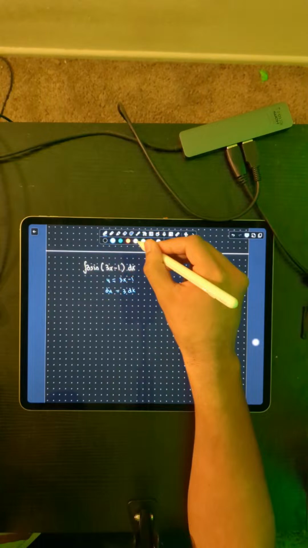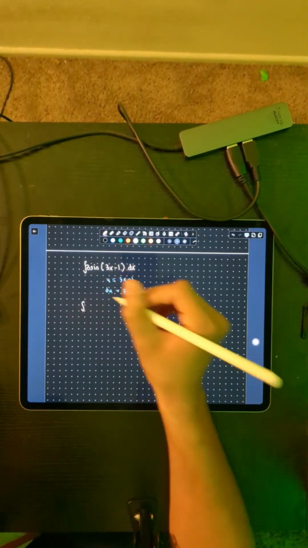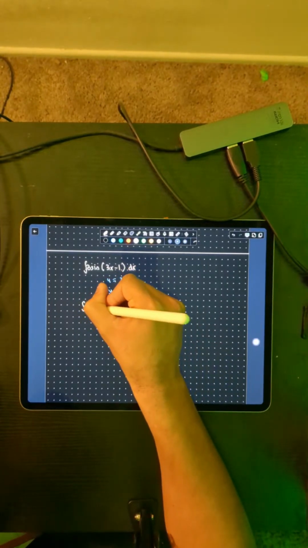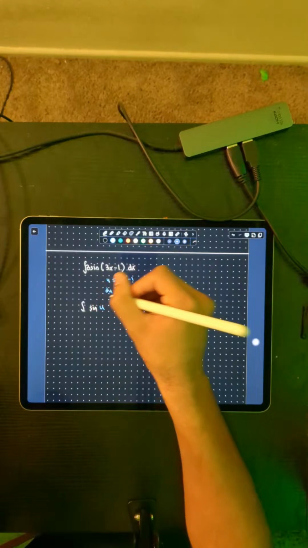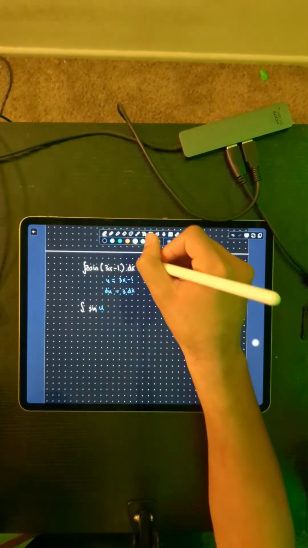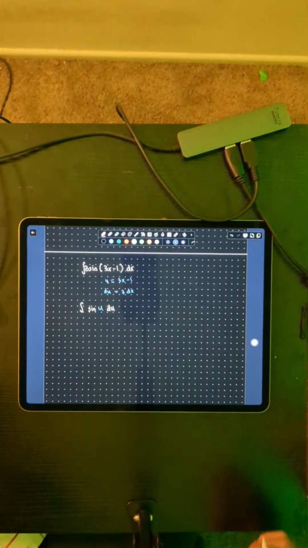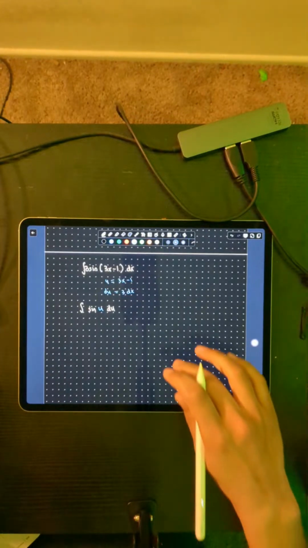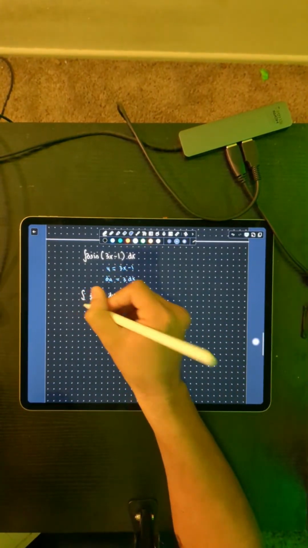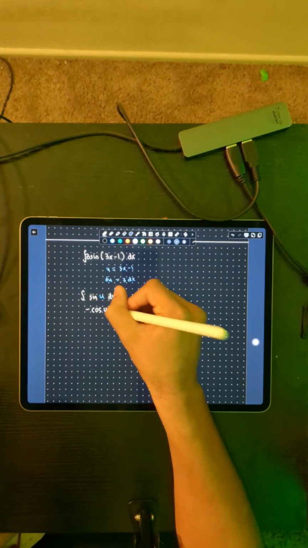So this integral will turn into the integral of sine of u times du. When we have the integral of sine of u, that's simply going to be minus cosine of u.